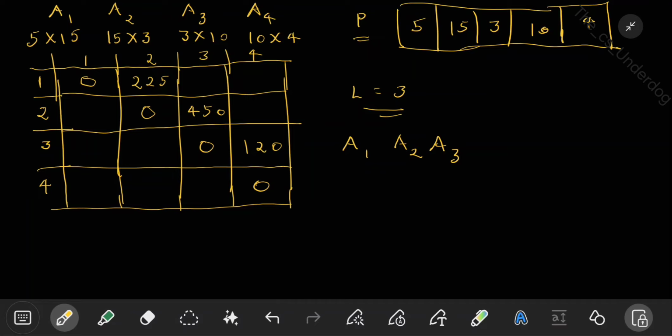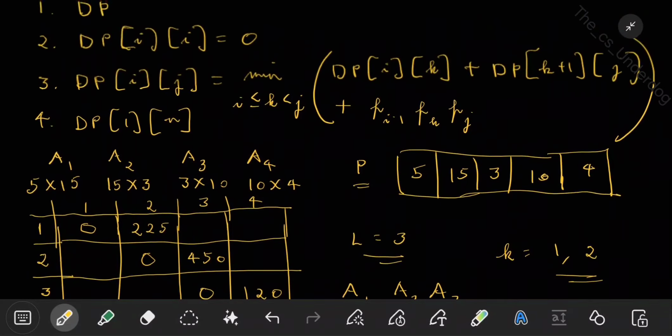So I'll name the split as K. K is equal to 1, K is equal to 2. These are the two possibilities. If K is equal to 1, you will be splitting here. If K is equal to 2, you will be splitting here. Let us see each of those cases and find out which is the minimum possible number of scalar multiplications. For the case A1, A2, A3, what do you want to find? You want to find the minimum of, as we already wrote in the equation, all the possible splits.